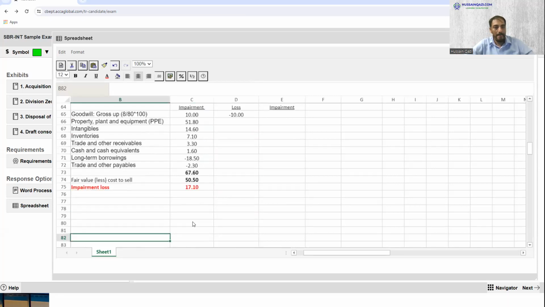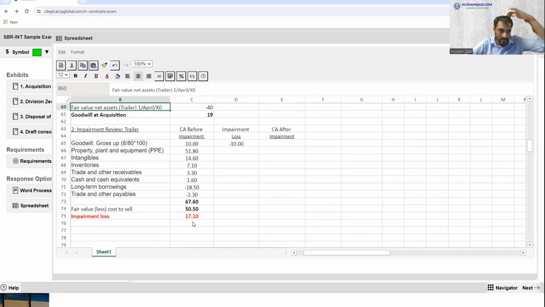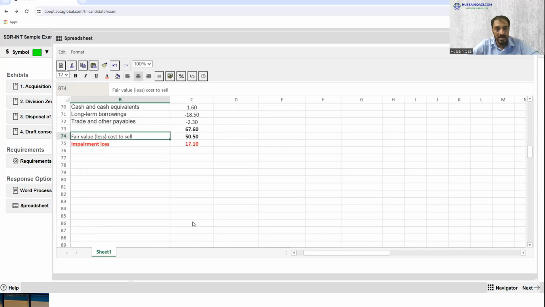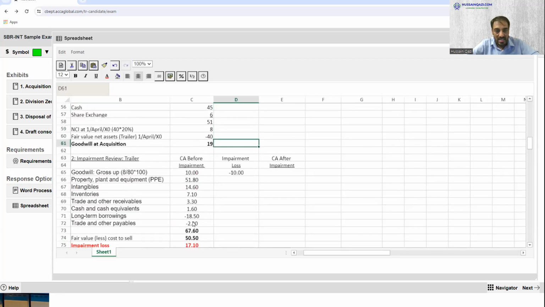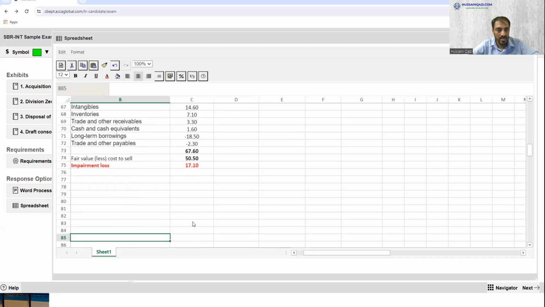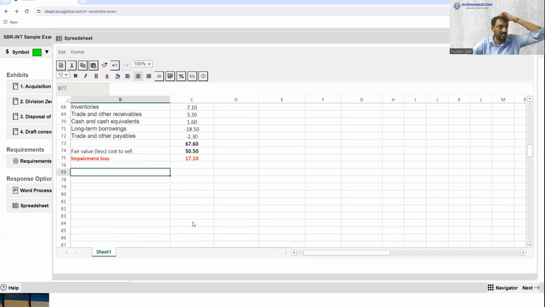Now further, number 3: the remaining impairment must be allocated to the other assets. So working 3, impairment allocation.